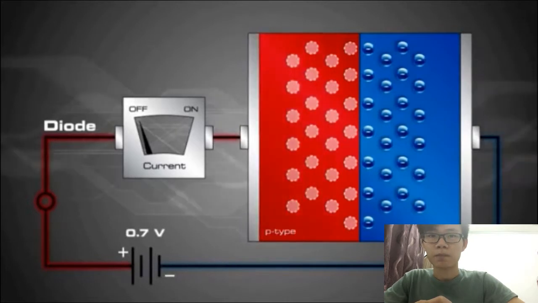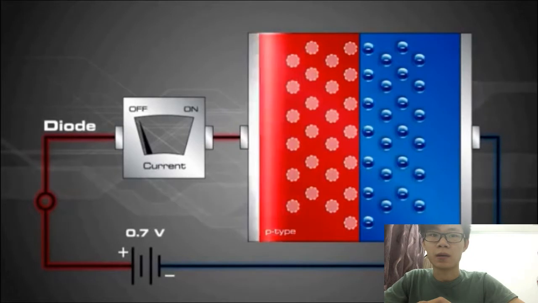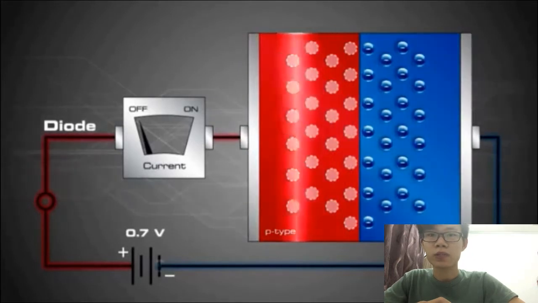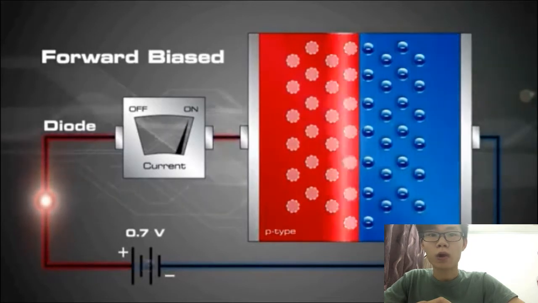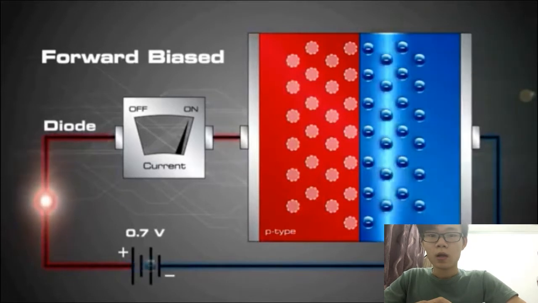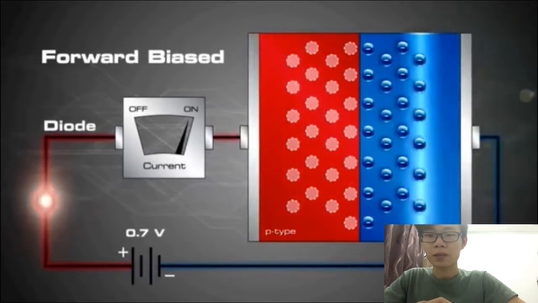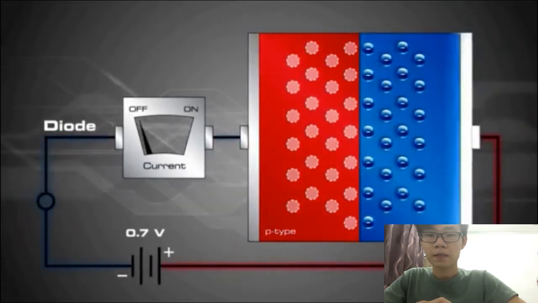Similarly, the holes are repelled by the positive terminal of the battery. If the voltage pushing the electrons and holes is of sufficient strength to overcome the depletion zone, the electrons and holes combine at the p-n junction and current passes through the diode.